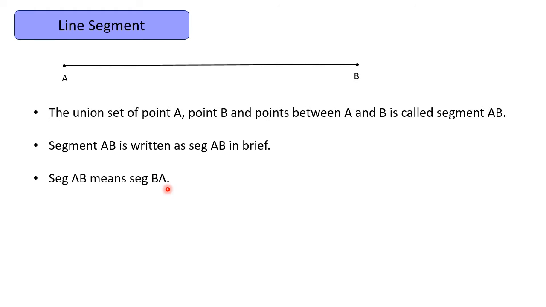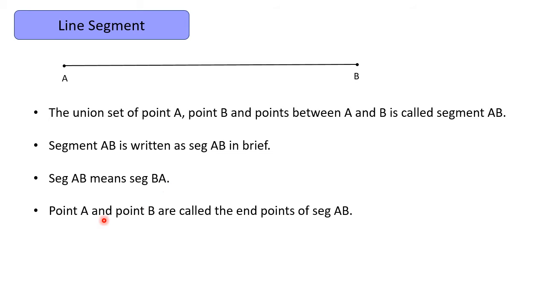It is one and the same. The letters can be reversed, but the segment distance remains the same even though you reverse the alphabets. Point A and point B are called the end points of segment AB, right? So a line segment, always remember, has end points, and here the end points are A and B.